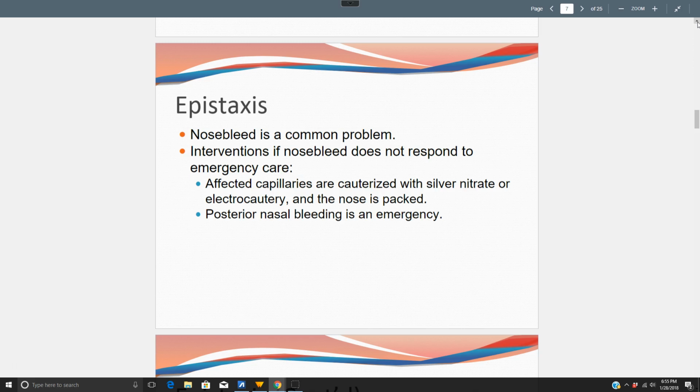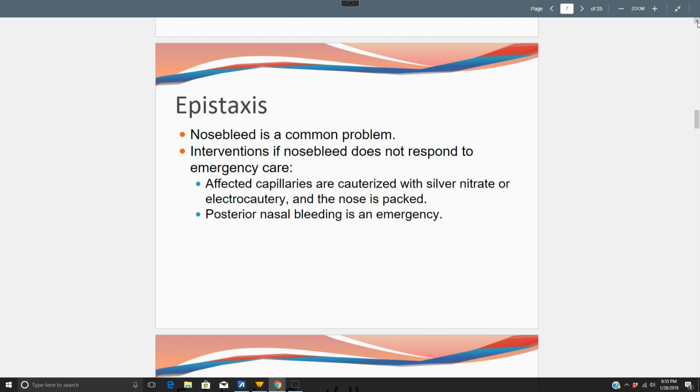Usually apply direct lateral pressure to the nose for about 10 minutes, and then you may want to apply ice or cool compresses to the nose and face if possible, to constrict those blood vessels to hopefully minimize or stop the bleeding. Sometimes nasal packing is necessary. You might want to use some type of gauze or even some type of thick padding, which we may call nasal tampons.